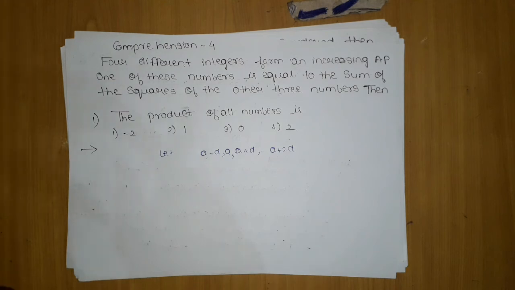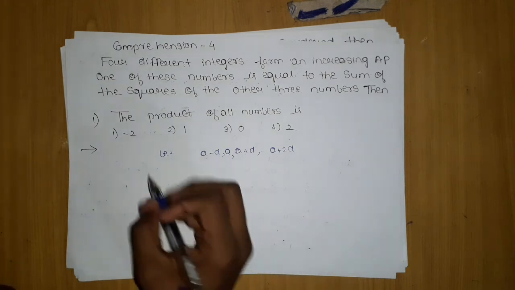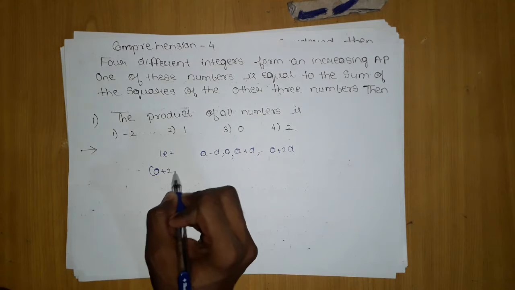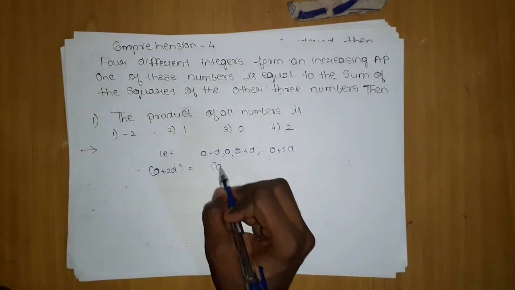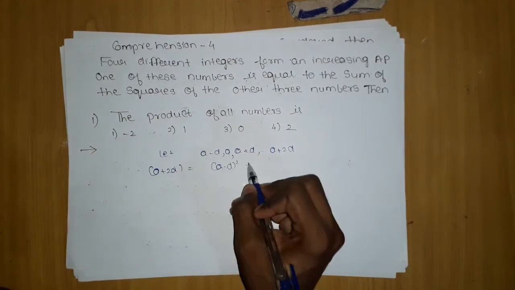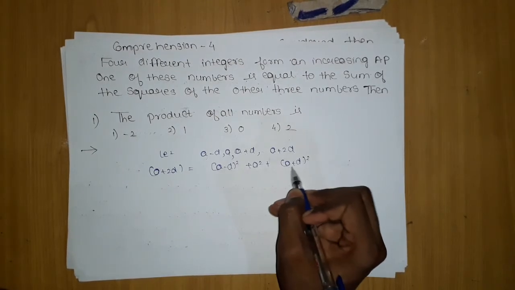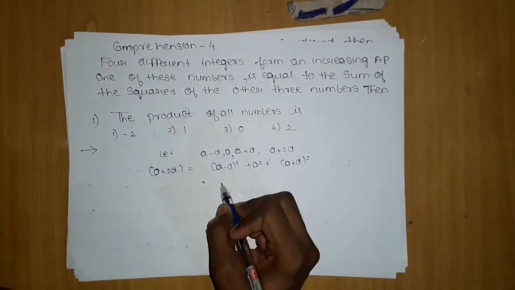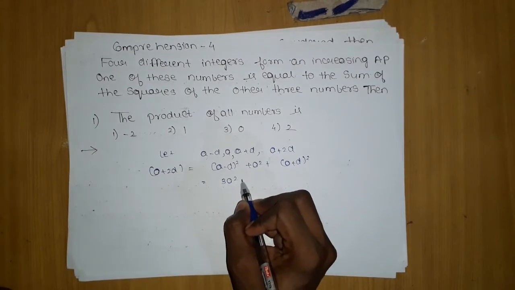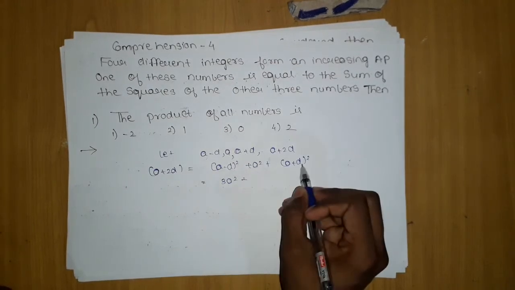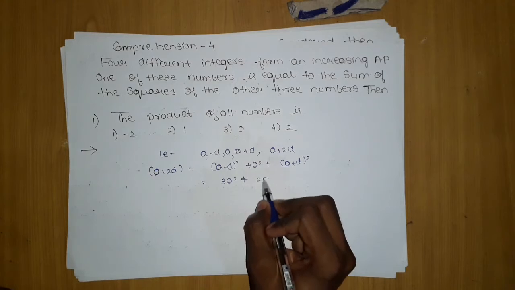Now what we can do: any one number is equal to the sum of the squares of the other terms, meaning a minus d the whole square plus a square plus a plus d the whole square. Now here 2ad and minus 2ad will cancel out, which will give me 3a square, and d square plus d square means 2d square.